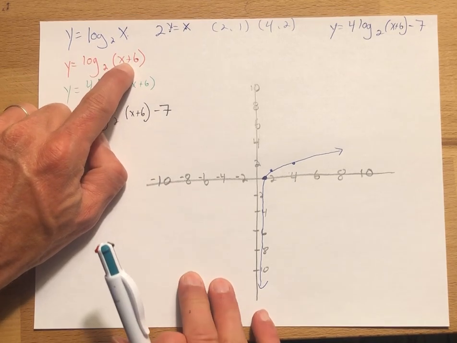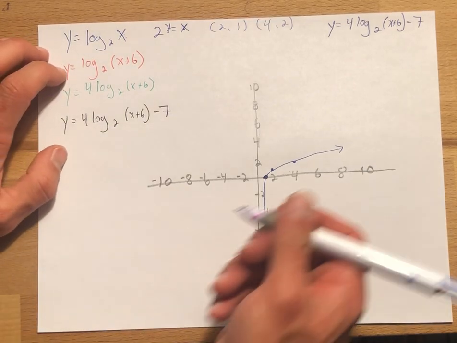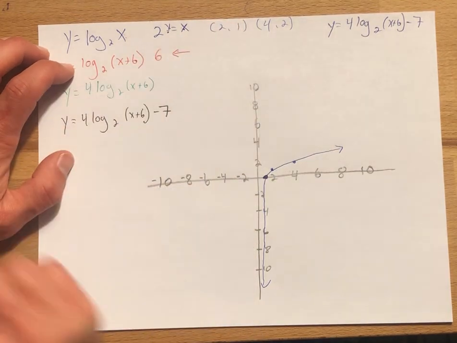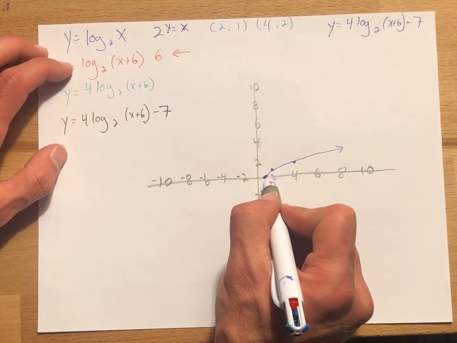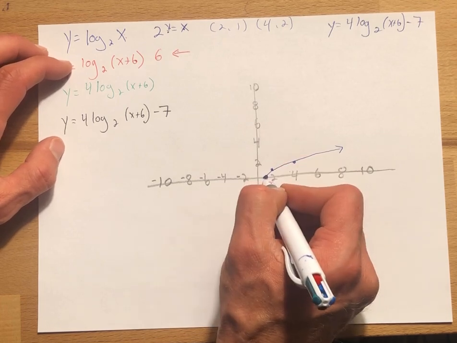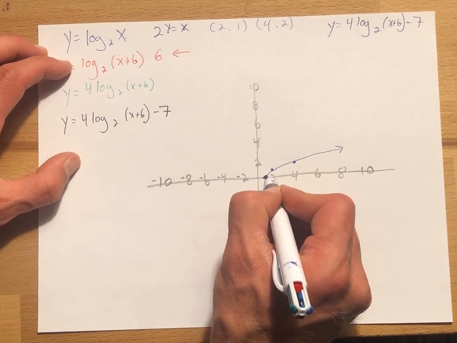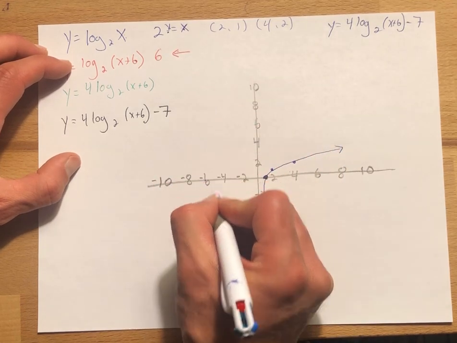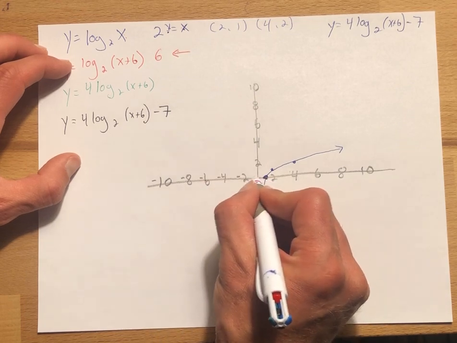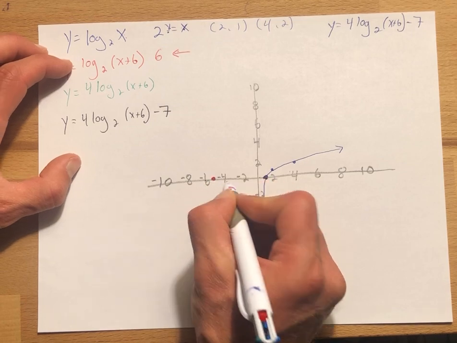Now if you remember this translation, it just moves every space over 6 to the left. So this was 1, 0. This becomes negative 5, 0, right here.